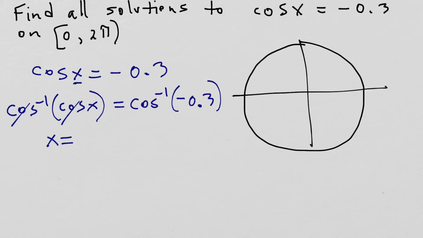So in mode equals radians in your calculator, you're going to input inverse cosine button negative 0.3. And you should get the value 1.8755 once you do that in the calculator. So make sure you're trying this and you agree with what I'm getting here.